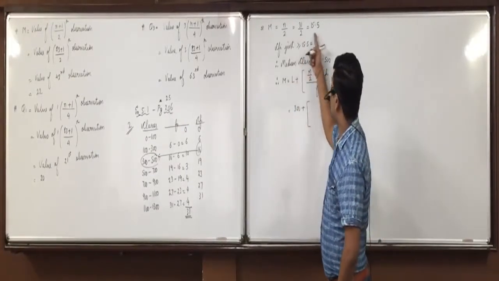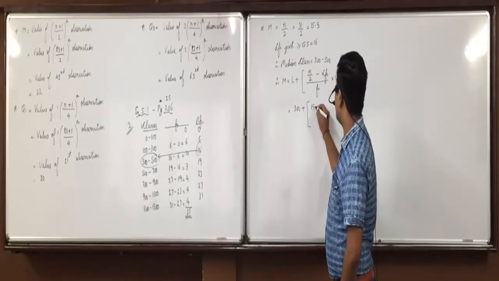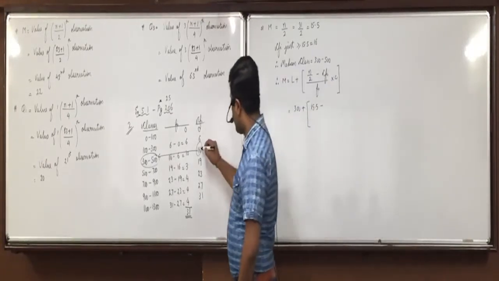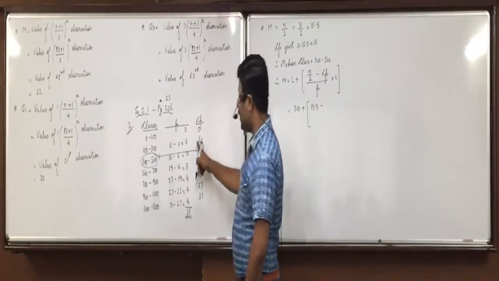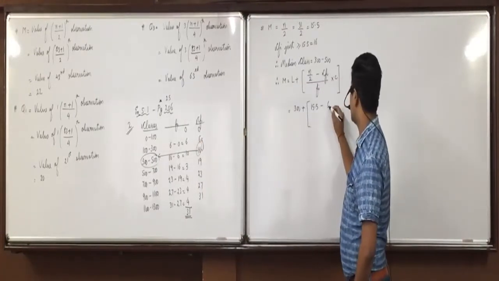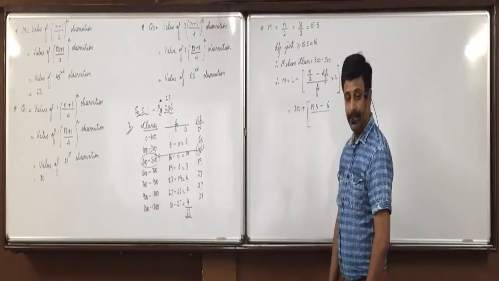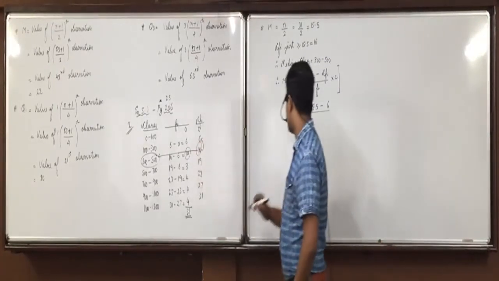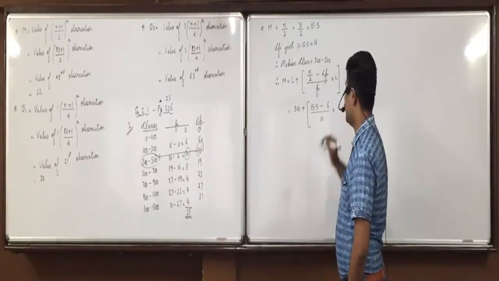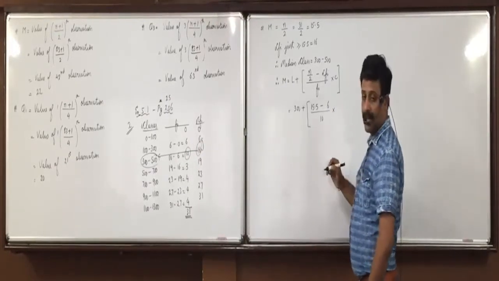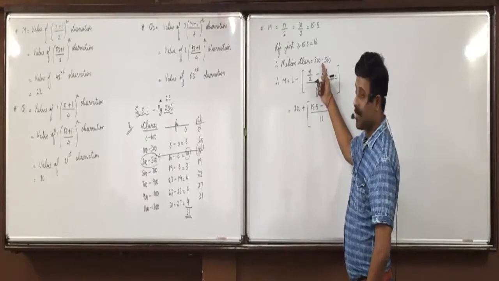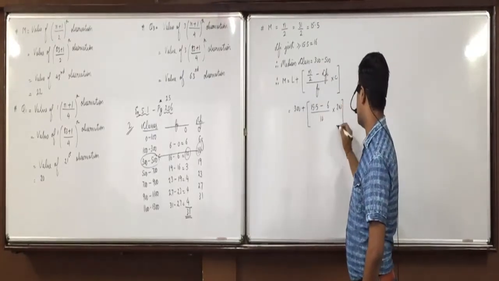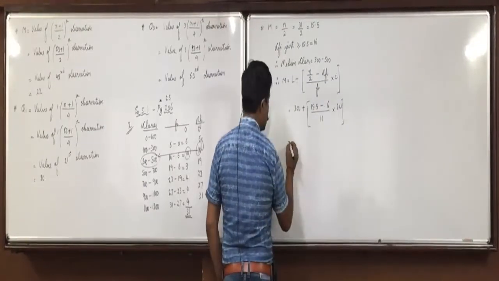Now n by 2 we get from the first step, 15.5. CFI we will take of the preceding class, that is 6. Fi we will take of the same class, that is 10. Class length? What is the class length? 200. 300 to 500, the class length is 200. Correct. Is everyone clear with this?